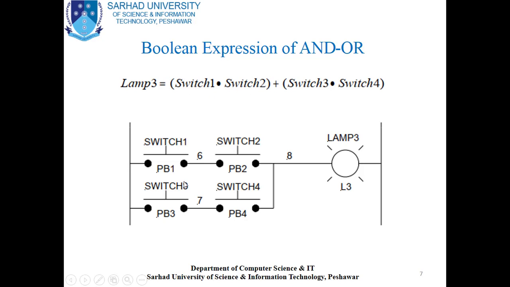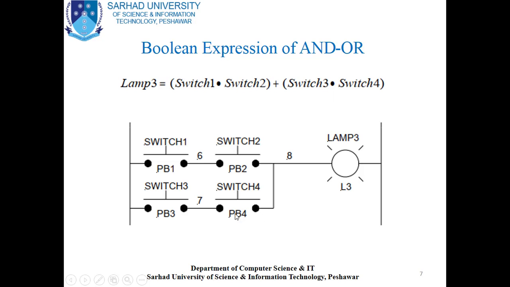Here you can see the switch 3, and this one is the switch 4. These two switches are connected in series form, which is represented by the Boolean expression switch 3 dot switch 4.